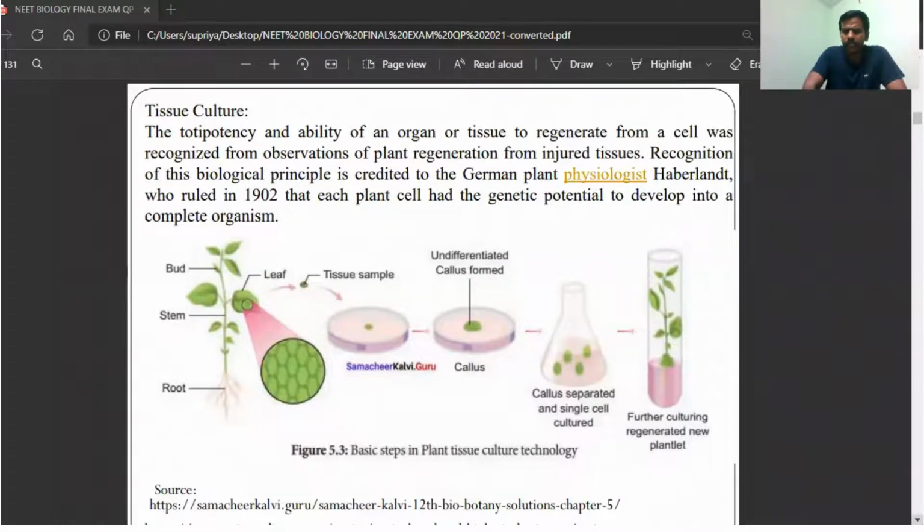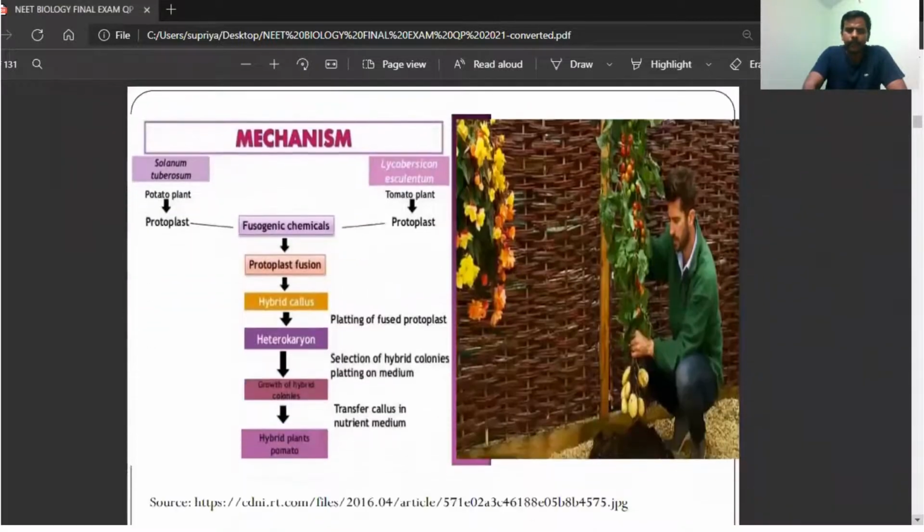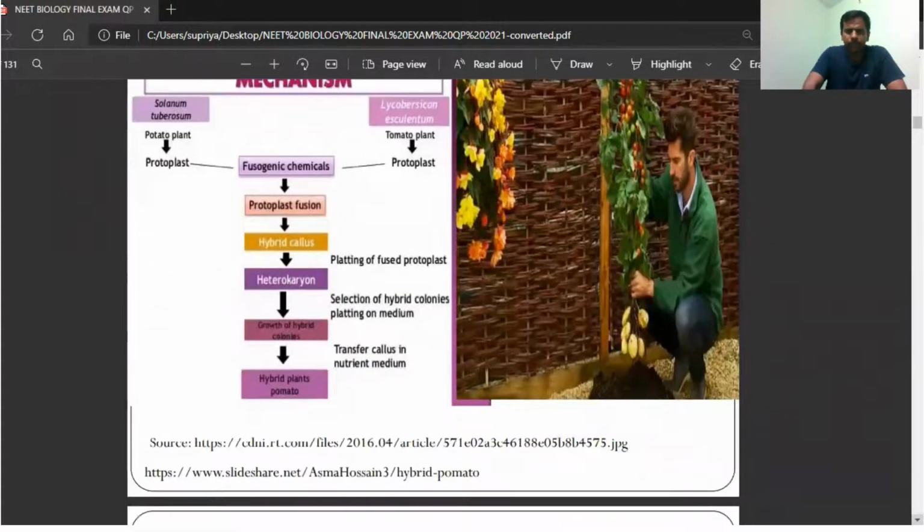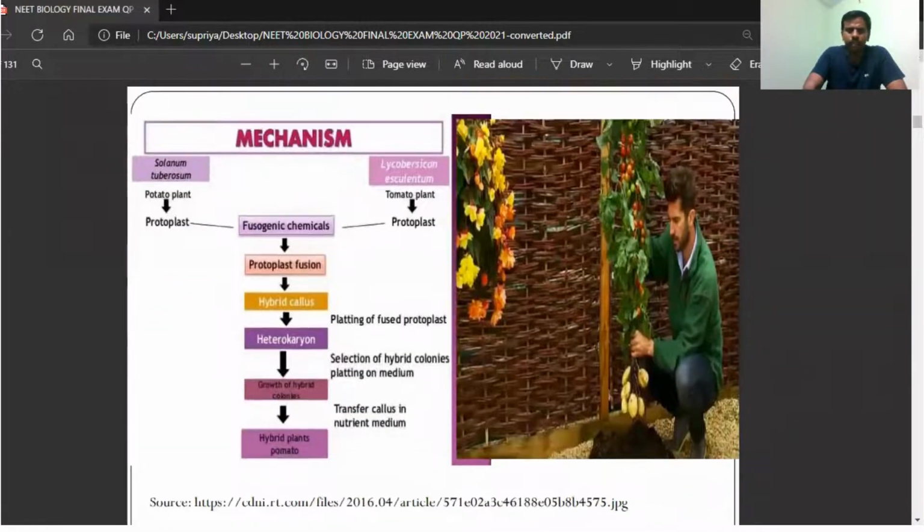Right, now see another explanation, that is protoplast fusion. Now see student, in this protoplast fusion, what actually did scientists do? See, they took Solanum tuberosum, that is the potato plant. They took the cell from the potato plant, and in the same way Lycopersicon esculentum, tomato, from the tomato plant, they took the cell.